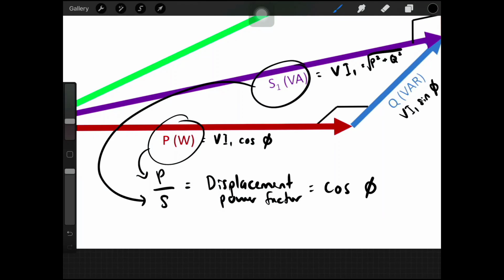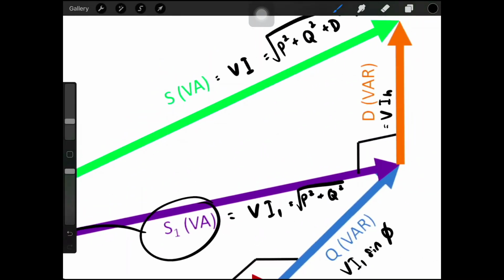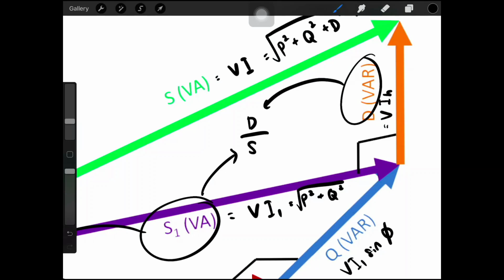And we got D and S fundamental. This is our THD, total harmonic distortion.